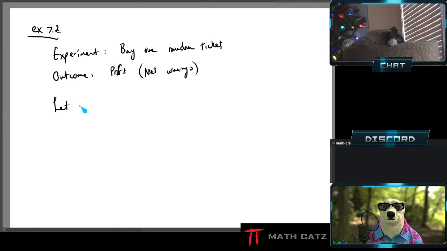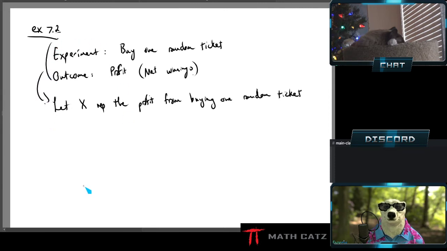So now I say, let X represent the profit from buying one random ticket. See how the random variable is the experiment outcome combination.